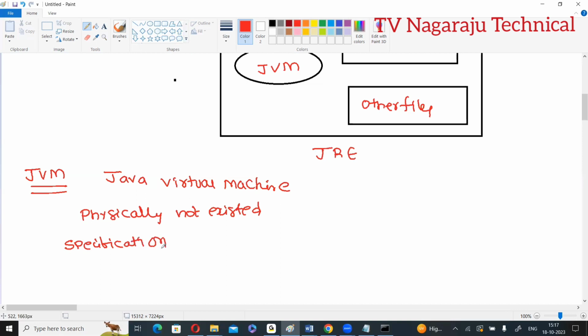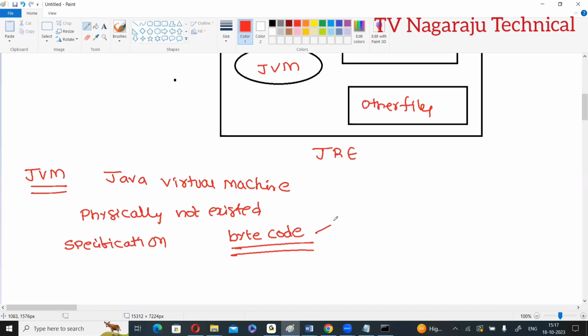JVM is simply a specification that provides a runtime environment in which our bytecode is executed. Whatever bytecode is generated by the Java compiler is loaded into JVM, and the JVM runs this bytecode.